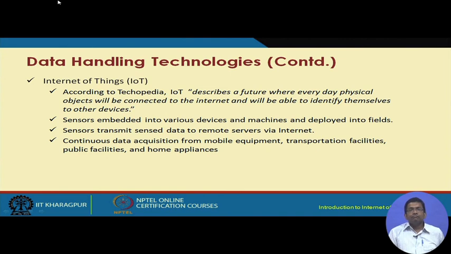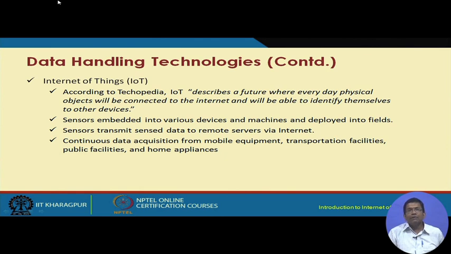In the IoT world, the sensors that are embedded in the different devices and machines generate a lot of data. The sensors transmit this sensed data to remote servers via the internet, and this data can be either handled at the back end, or processed locally at the edge or somewhere in the intermediate layer.